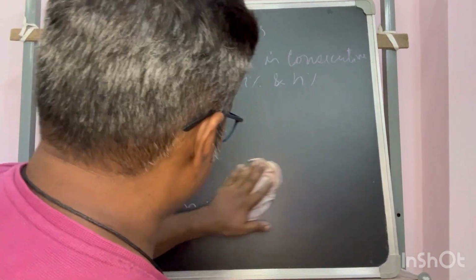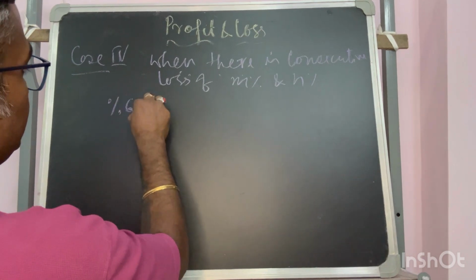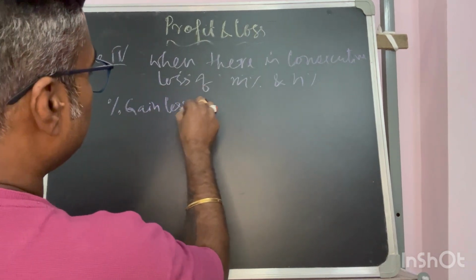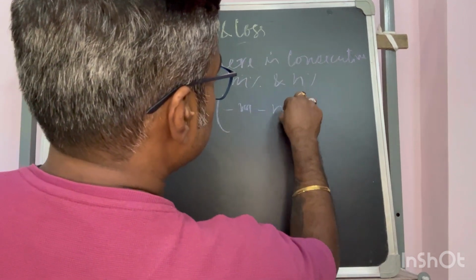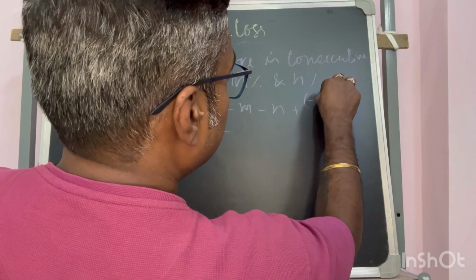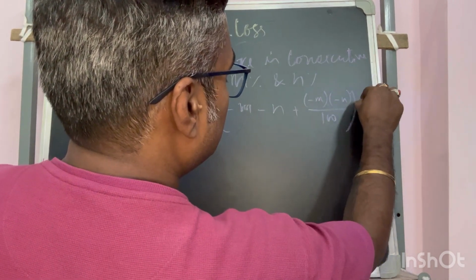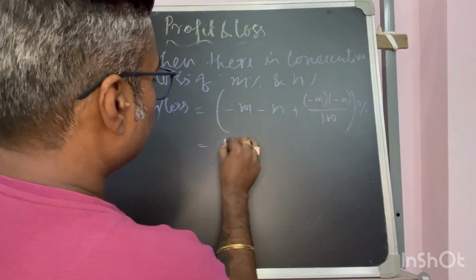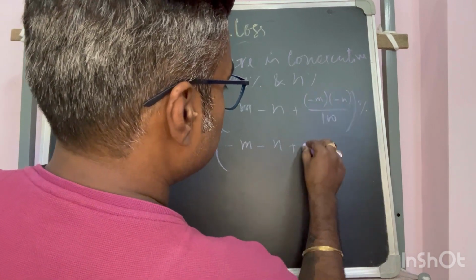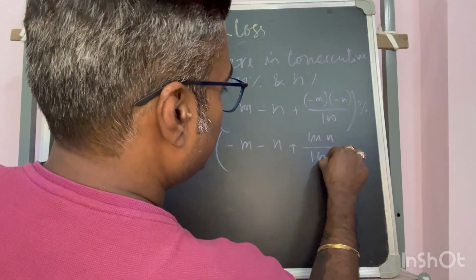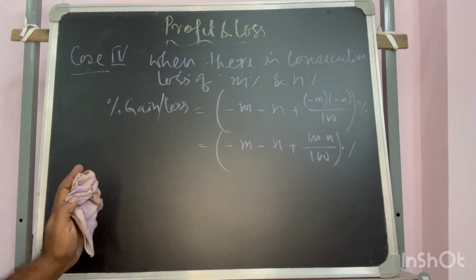The percentage gain or loss, we don't know what the case would be, is equal to minus m minus n plus of minus m into minus n divided by 100 percentage. So it becomes minus m minus n plus, minus times minus is plus, mn by 100 percentage. Understood? Okay.